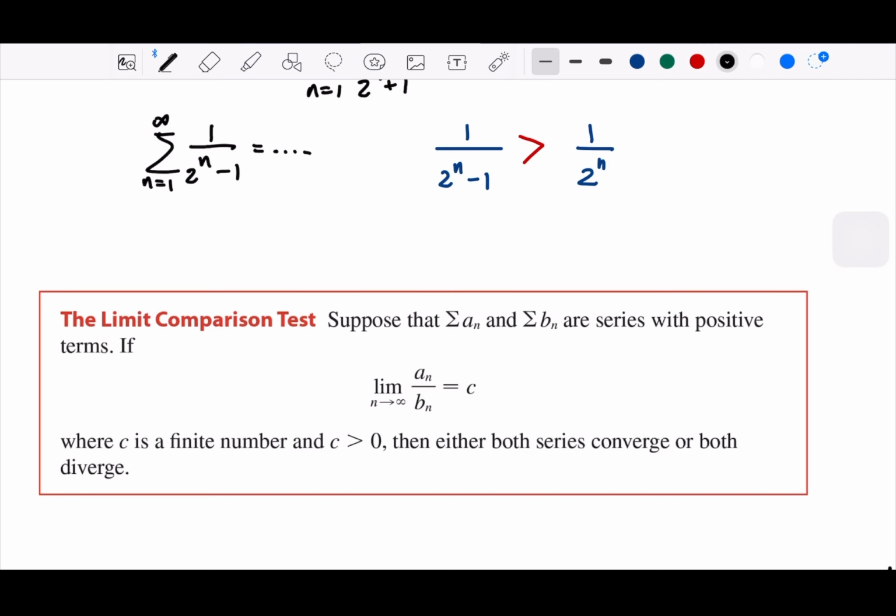If c is positive, then the series an and bn are either both convergent or both divergent. It depends on the bn. Let me show you how.